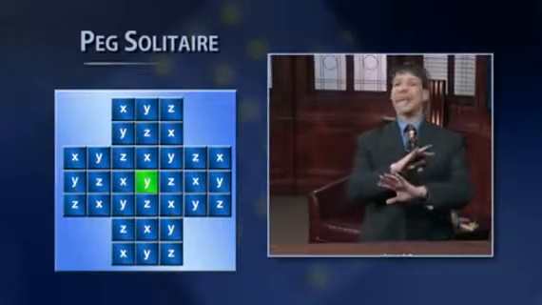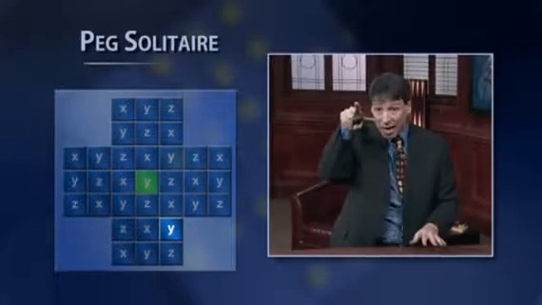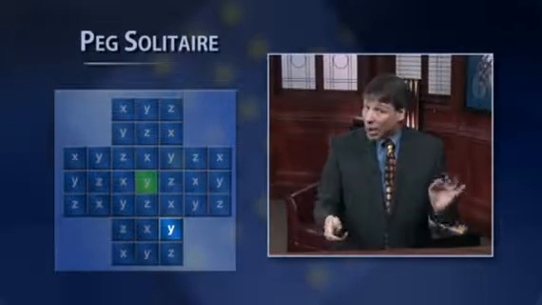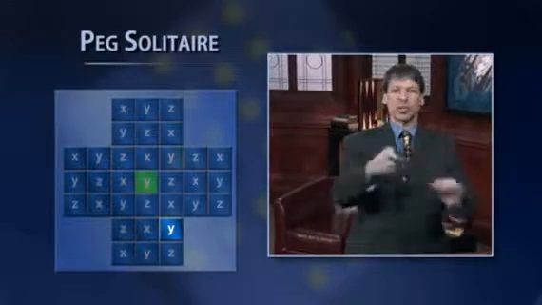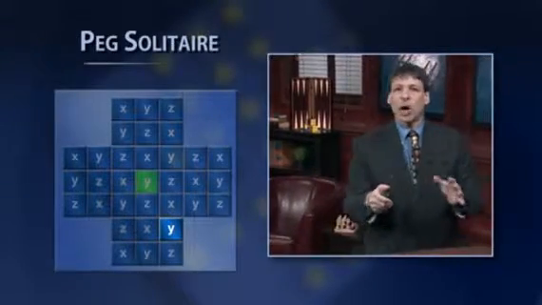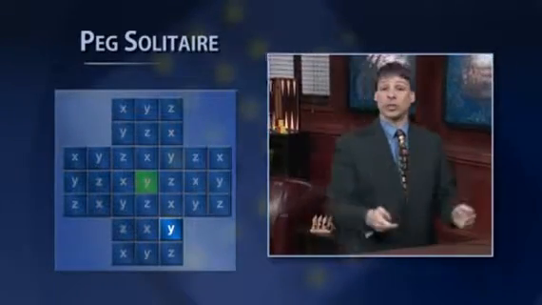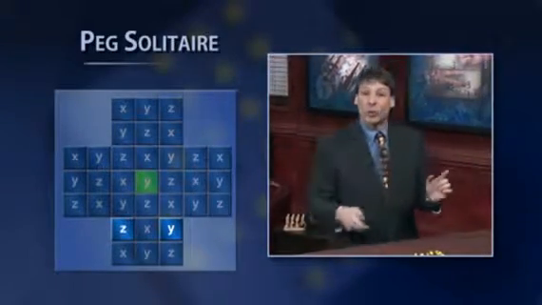And yet, not every square with a Y is a possible ending point for a single peg. Now, why is that? For example, I claim that we cannot wind up with a single peg on this square. Because if there was a sequence of moves where a peg ended up on that square, then by symmetry, we could also have performed a sequence of moves that would allow a single peg to finish on this square.